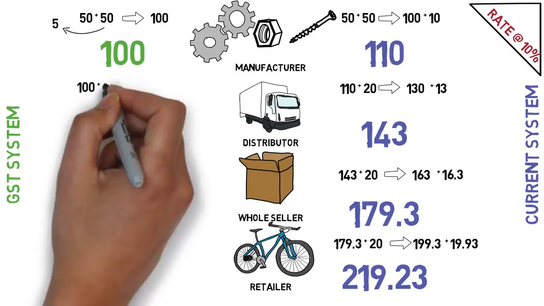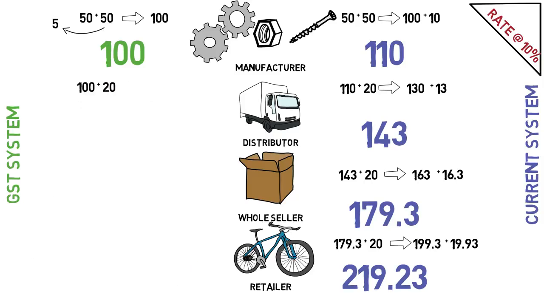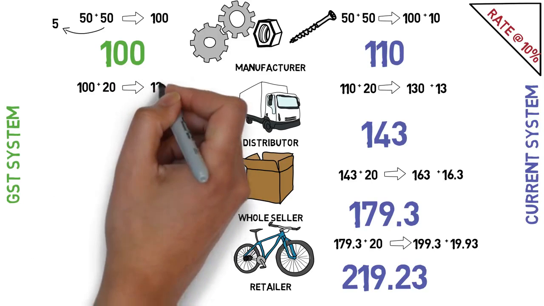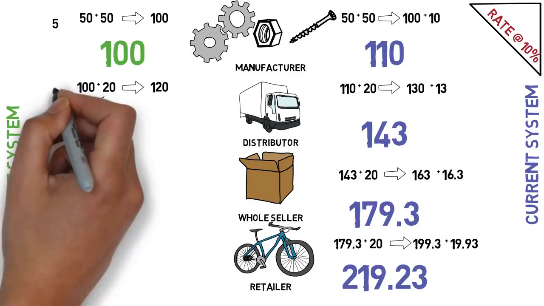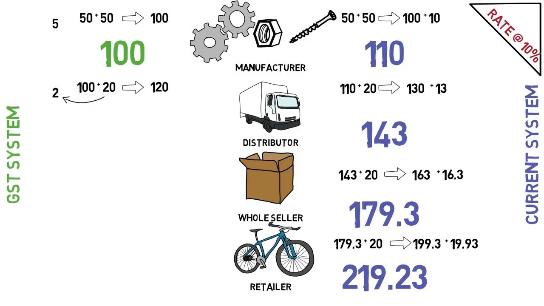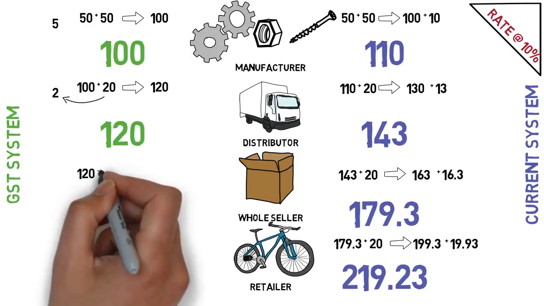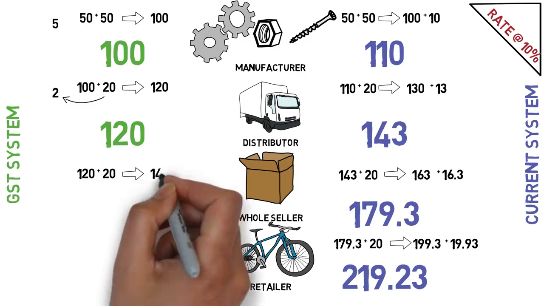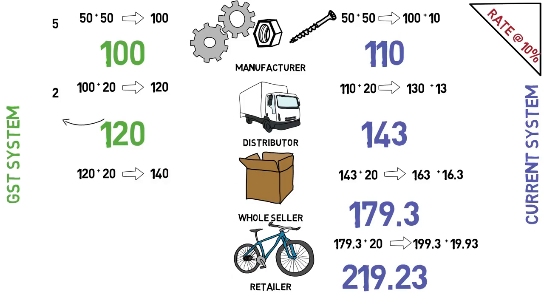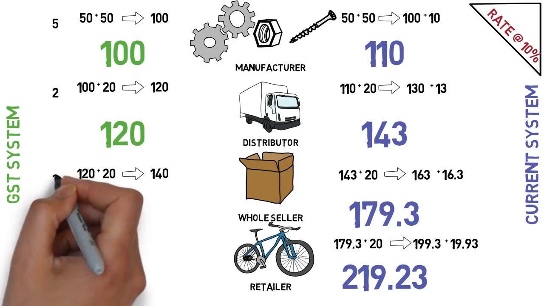Then the distributor adds 20 rupees profit and the product becomes of 100 plus 20, which is 120 rupees. He pays the tax of rupees 2 on his profit of 20 rupees. The wholesaler buys the product for 120 rupees and follow the same pattern, adding 20 rupees his profit, and price will become 140 and pays the tax of rupees 2 on his profit of 20 rupees.